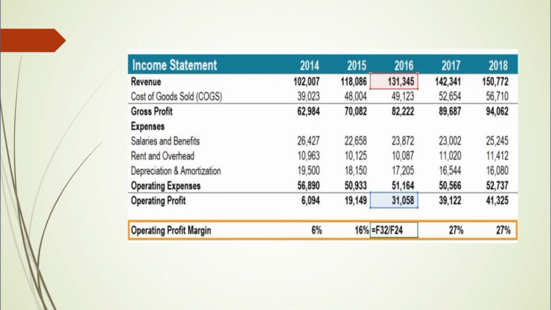And the cost of goods sold, or COGS, is subtracted from the revenue, which results in gross profit, which is 62,984, and expenses are salaries and benefits 26,427, rent and overhead is 10,963, depreciation and amortization is 19,500.